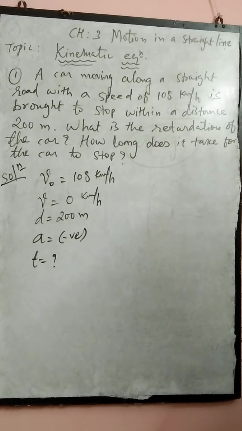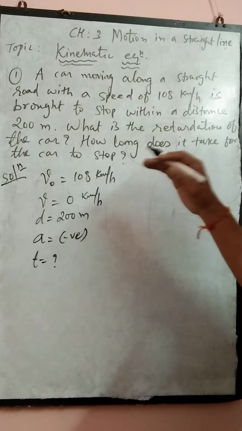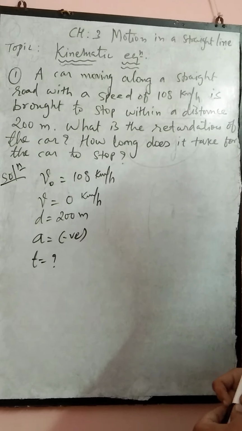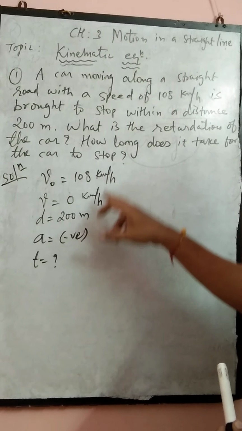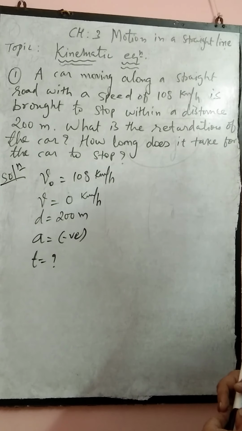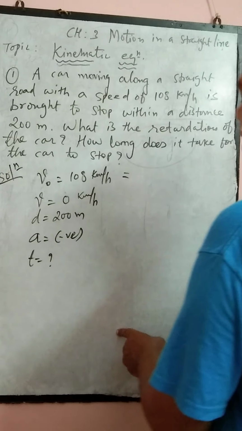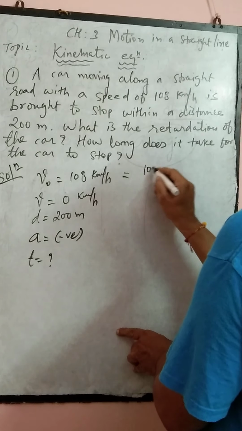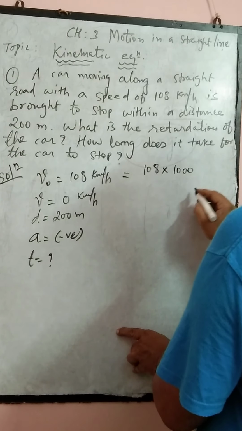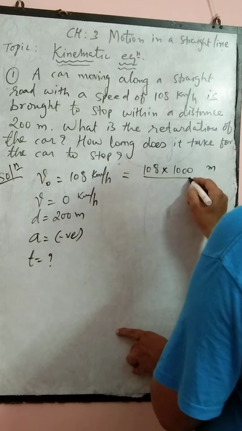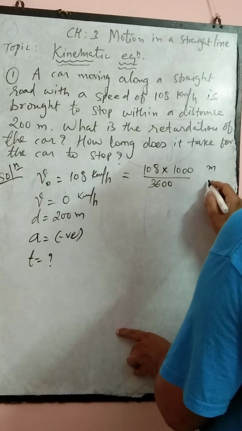Now, when you solve any numericals, first of all you have to check whether the unit systems are the same or not. So obviously this distance is given as 200 meter and V is given in kilometer per hour. So first you have to convert that into meter per second. So 108 kilometer to meter, that is 1000 meter, and 1 hour is equal to 3600 second, right?